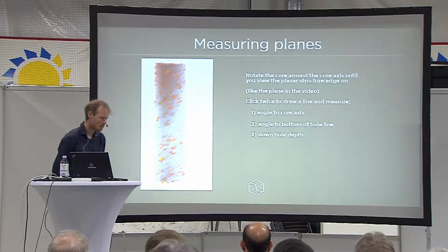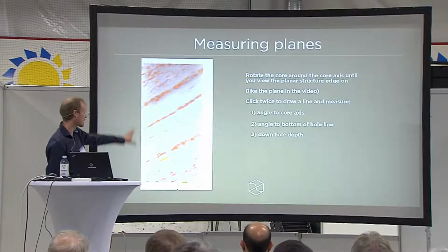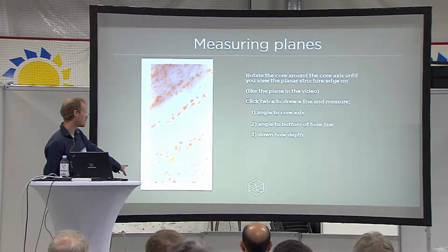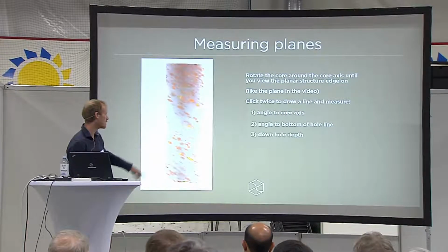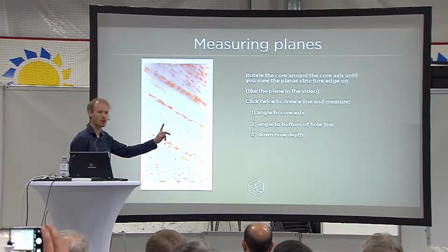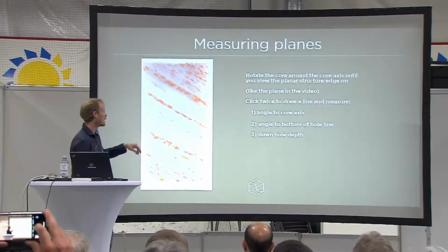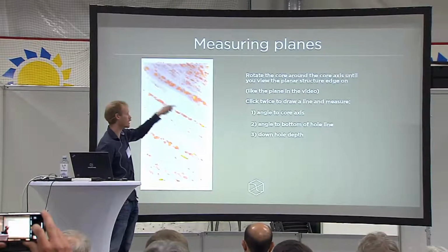Now over to measuring structures. Here we have a tomographic image with more attenuating areas in red and yellow. What you would do here is rotate the core around its axis until you view the plane edge on.